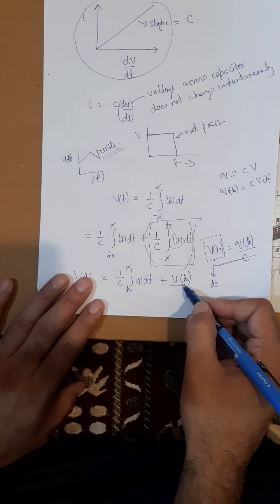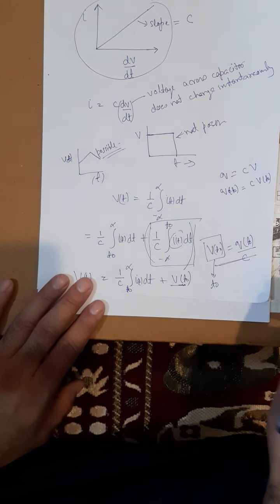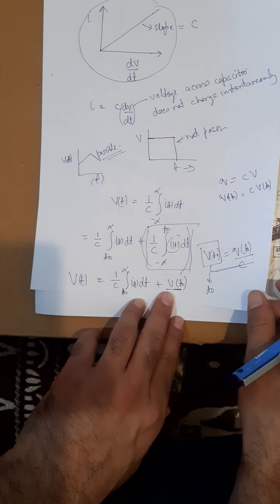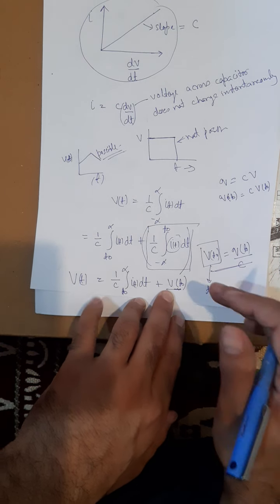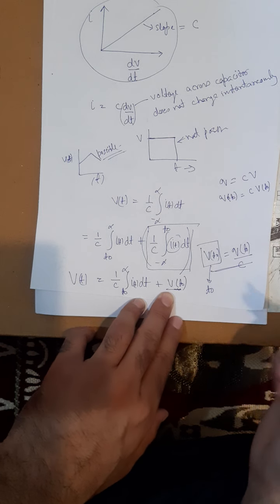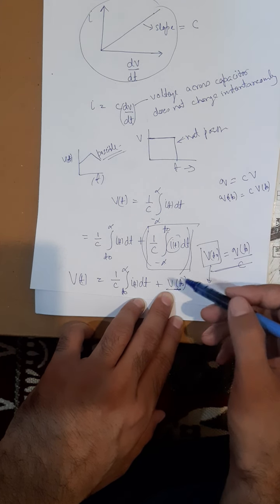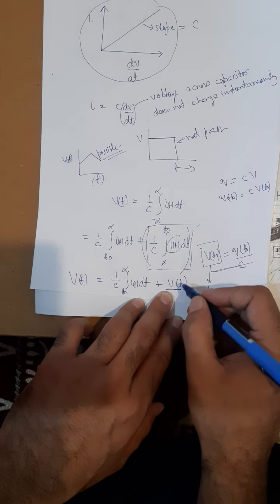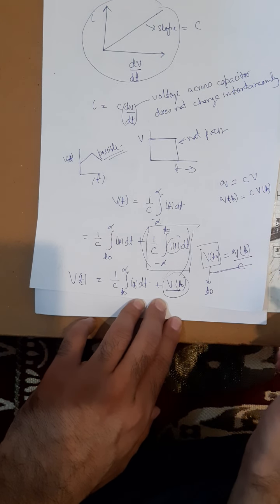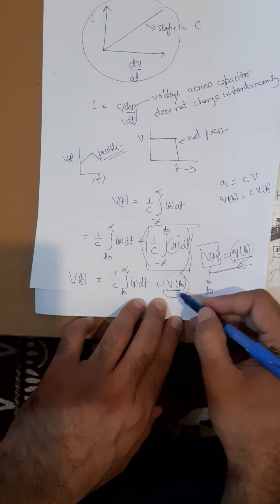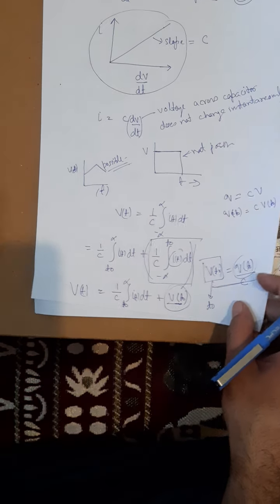That is why we say that if the capacitor is initially charged, we write it as V(t0). If the capacitor is initially uncharged, then this term will be equal to 0, because initially there was no charge, so V(t0) will be 0. Okay, got it?